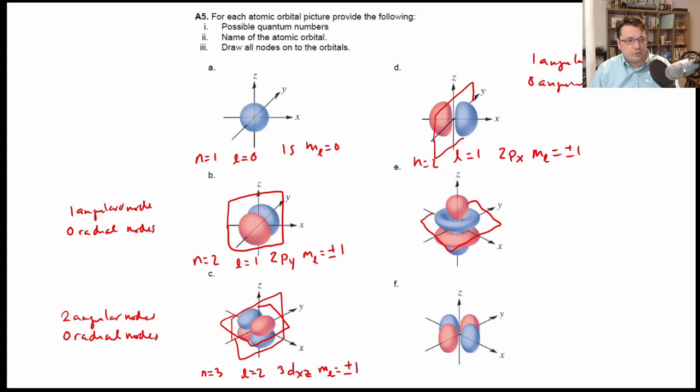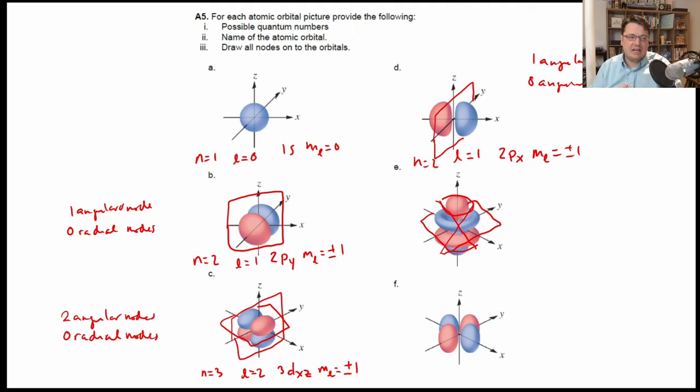We have one angular node right there. The other thing that we have is this weird cone shape that has that circular shape to it. A lot of people confuse that cone shape, that hourglass type shape, with being a radial node. The thing is, it's an angular node, and it's actually 2 directions of angular nodes multiplied together to form that cone shape.